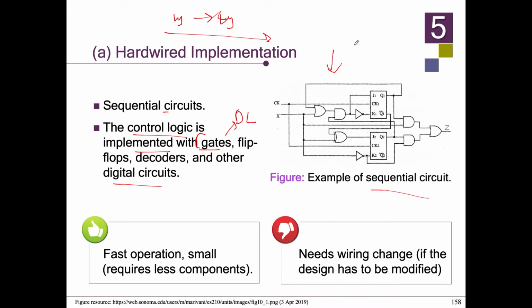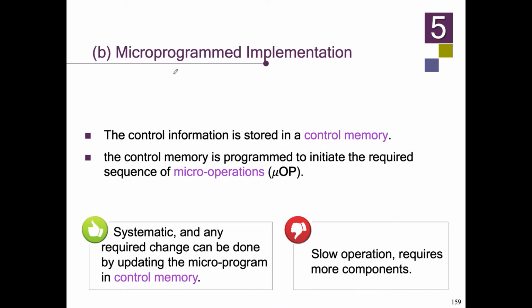So why is hardwired good, what are the pros and cons if you are using hardwired, and what are the pros and cons if you are using the microprogram implementation?